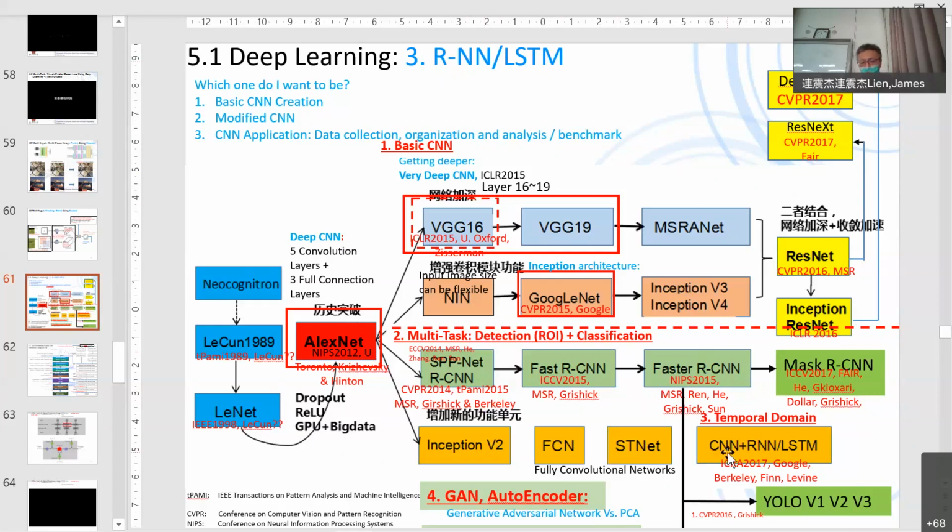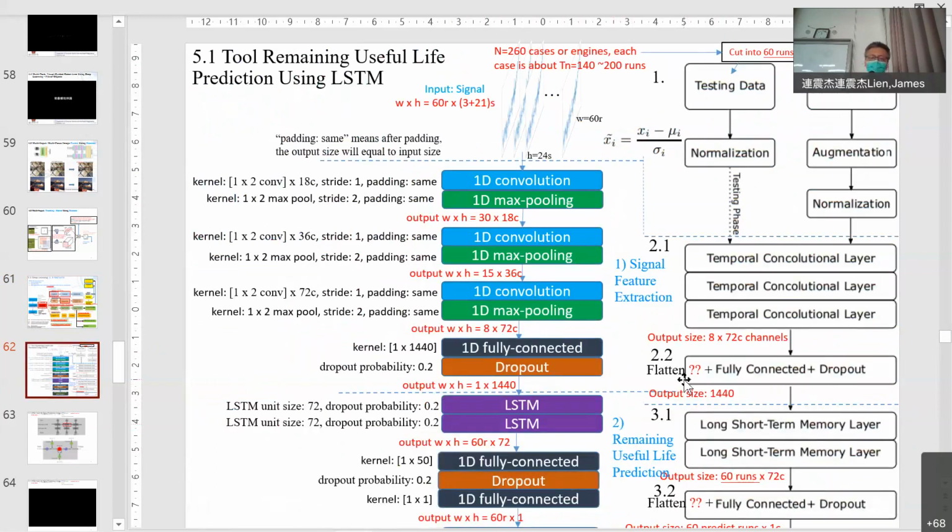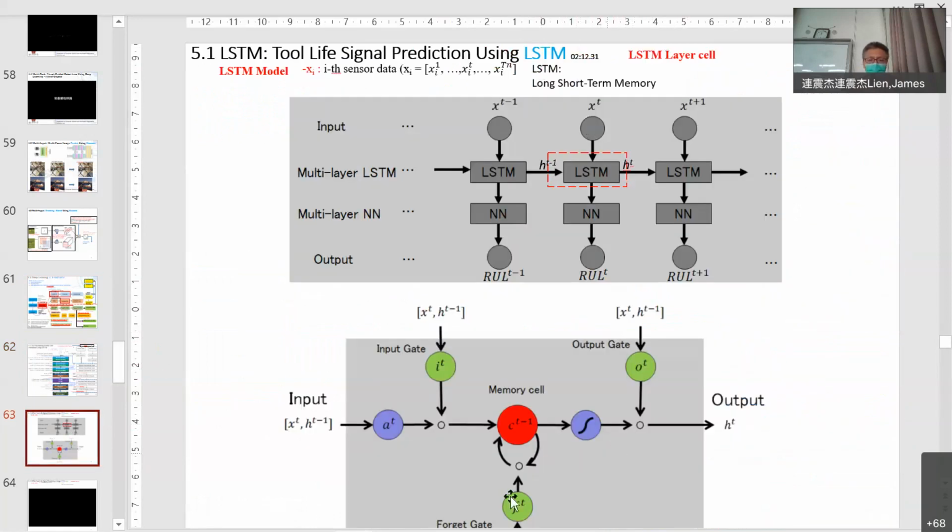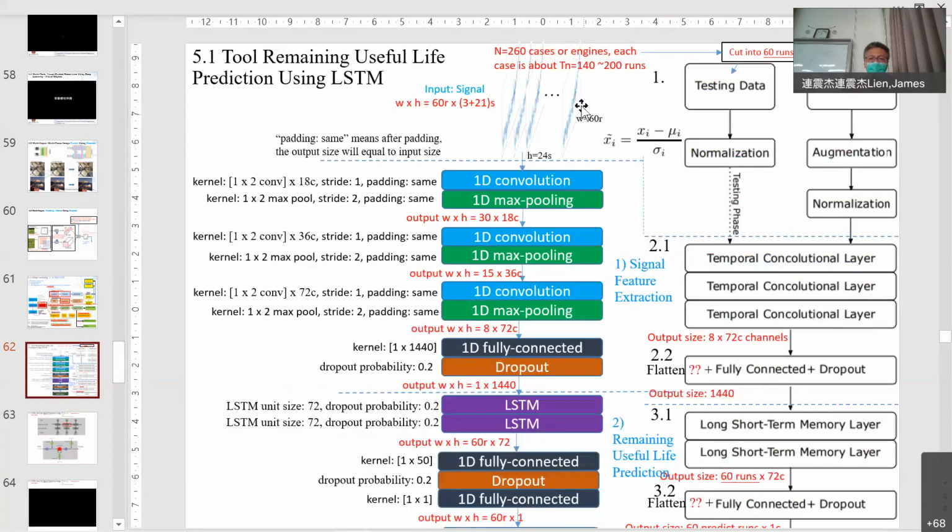So this is for the temporal domain. And this is one example. The major thing I want to talk about is LSTM. So how can we apply LSTM to the temporal domain?